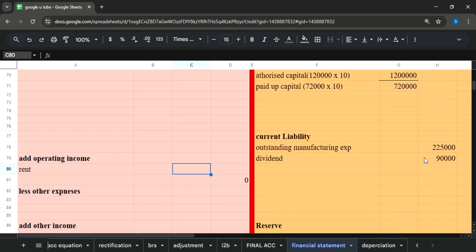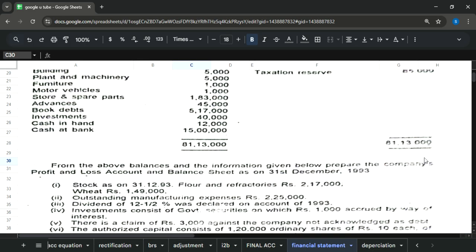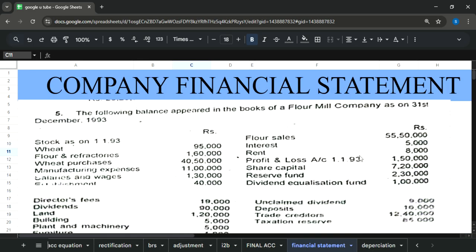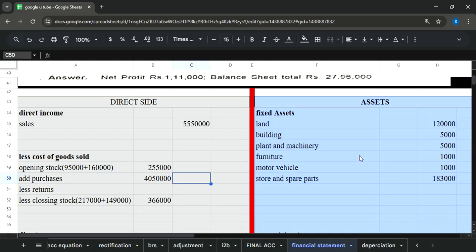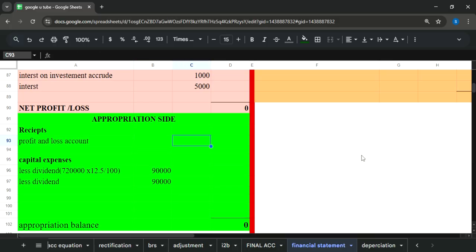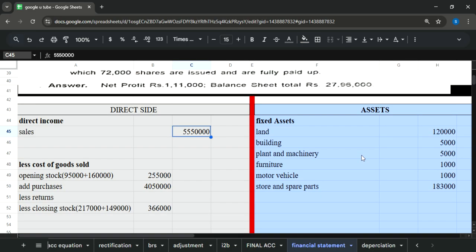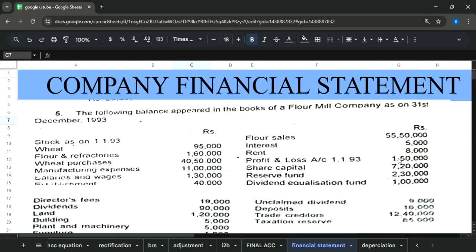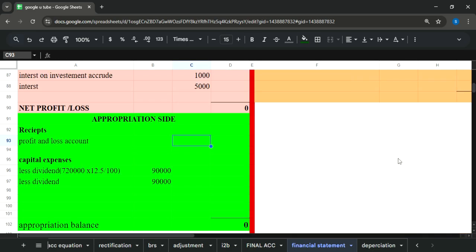So just mention amount in front of it. After rent we have profit and loss account. I have told you this is part of appropriation account. Here you will mention profit and loss account of previous year, and the amount of profit and loss account is 150,000. Just write down amount over here.